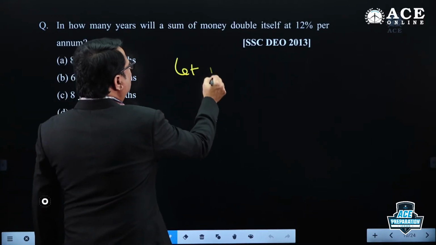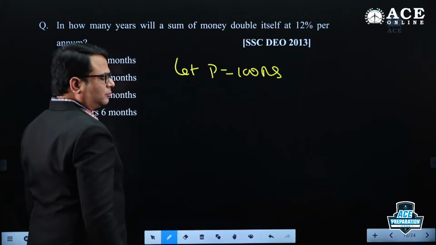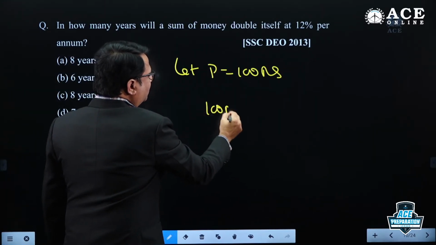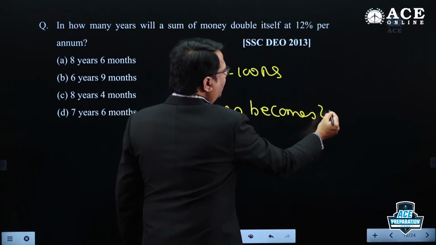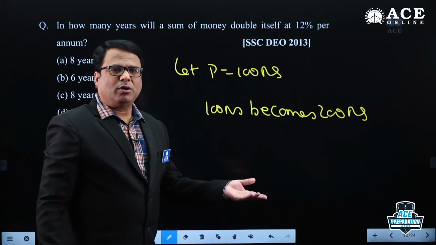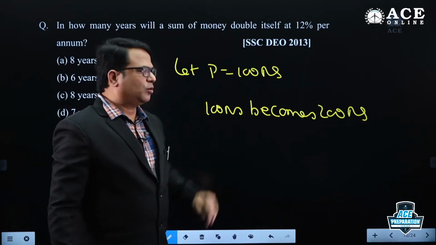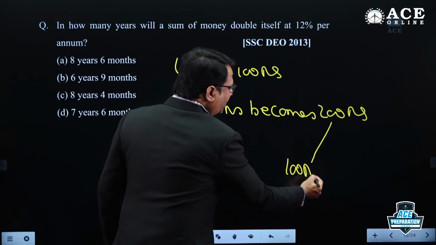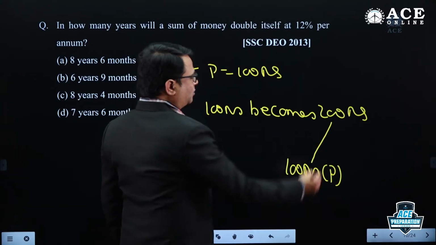Let the principal be 100 rupees. And when this sum gets doubled, then 100 becomes 200 rupees. Because it's clearly given that the sum gets doubled. Out of this 200, we know that 100 rupees is principal.